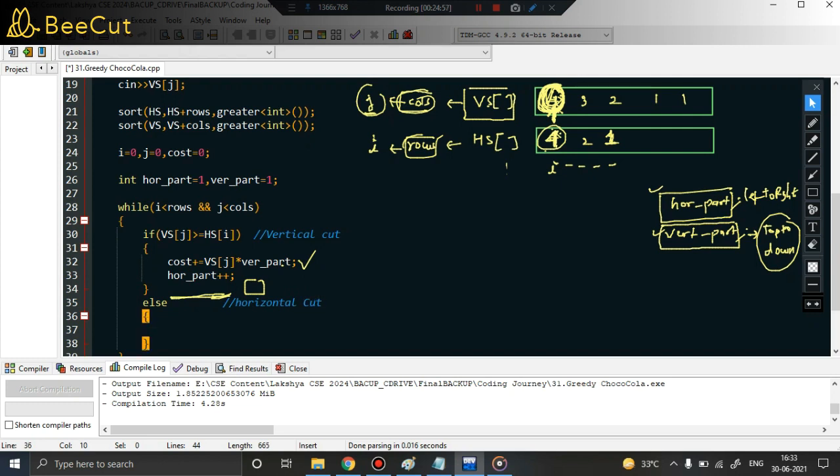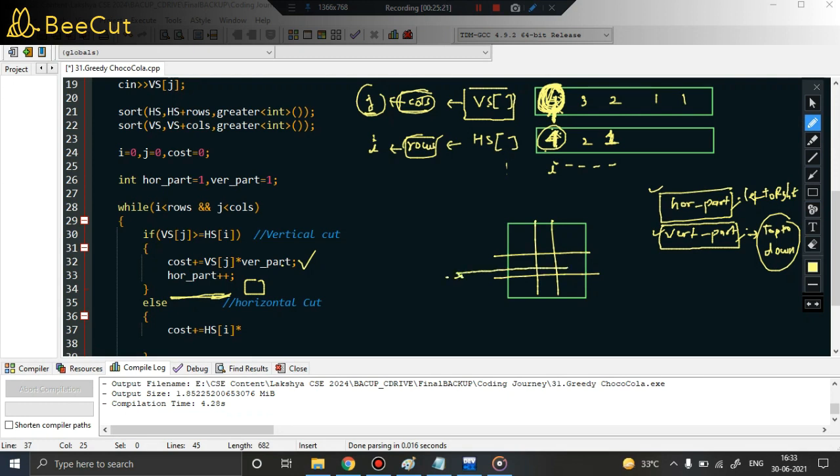Whenever we perform a horizontal cut, we say cost plus equal to the corresponding horizontal edge hs of i, into... suppose this is your chocolate grid. It will be the cost of the edge.